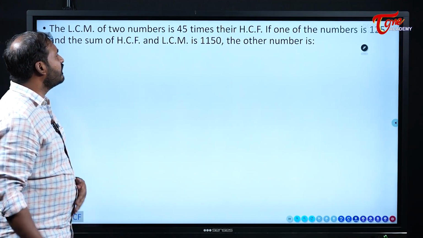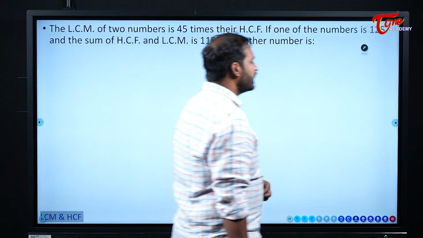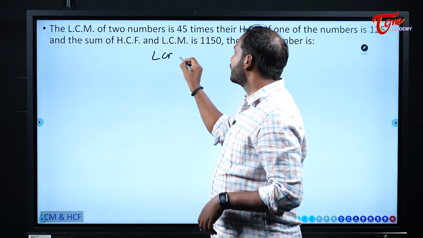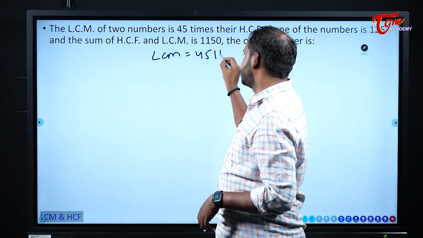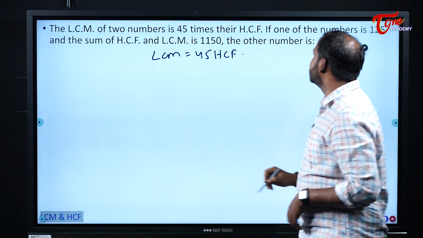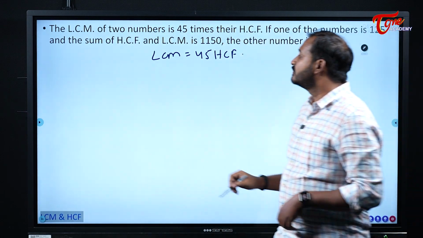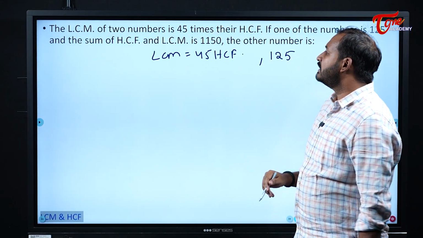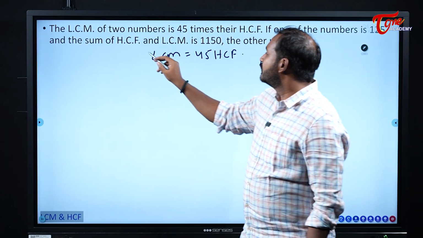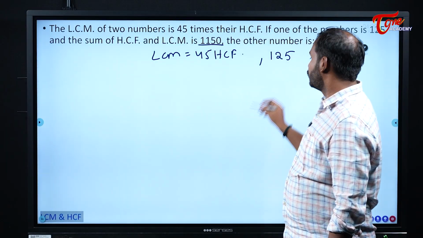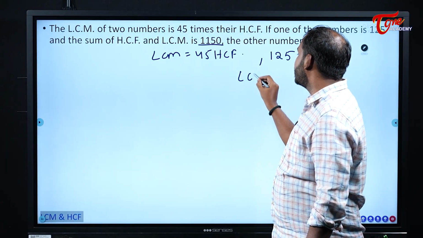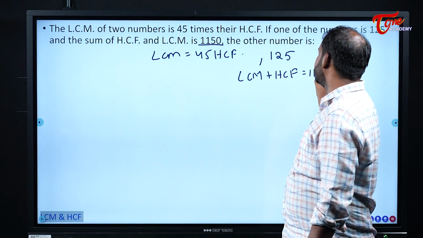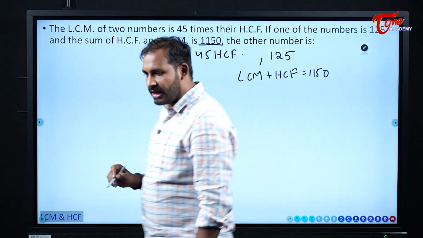Next, the LCM of two numbers is 45 times their HCF. Okay, good. Given that LCM is 45 times of the HCF, right? Next, if one of the numbers is 125, and the sum of HCF and LCM is 1150, the other number is?